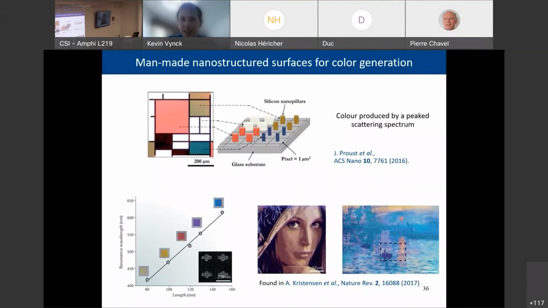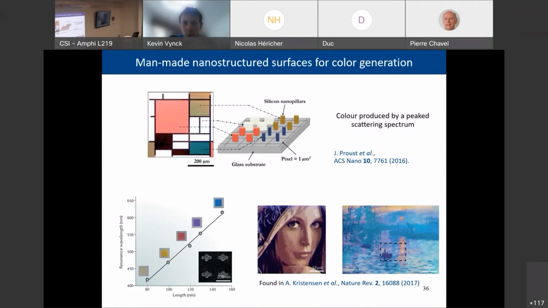The basic idea is that when you have a surface with some scattering elements, as I introduced a bit earlier, when you change the size or the dimensions, the materials of the individual scatterer, you will modify the scattering properties. And in particular, you will modify the spectrum of the scattered light.